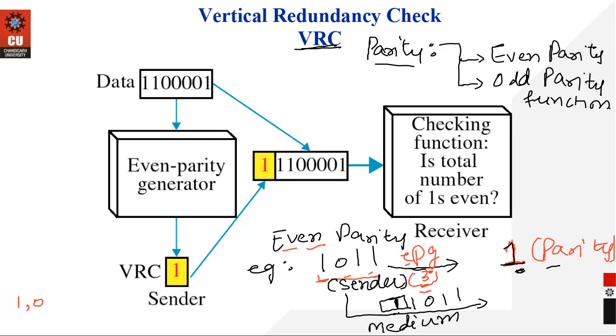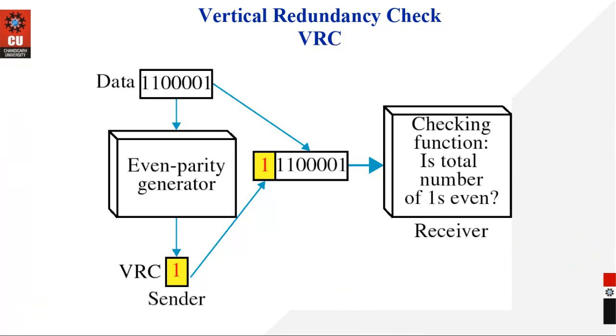Is the point clear to you? If not, ask me again. If you want me to repeat it again, please ask me. Okay, very good. If it is clear, that's good. So that will be the case if you are using even parity generator.